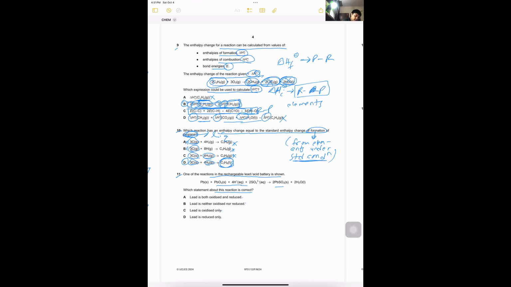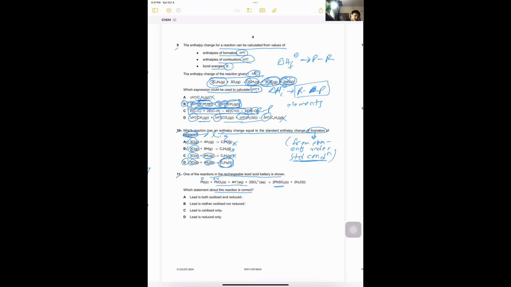Let's see then. Here lead is 0, and over here oxygen has a valency of -2, so -2 into 2 is -4, so lead will be +4 to balance the -4 of the two atoms of oxygen. Since we are only talking about lead, we will only calculate the compounds or elements that contain lead.